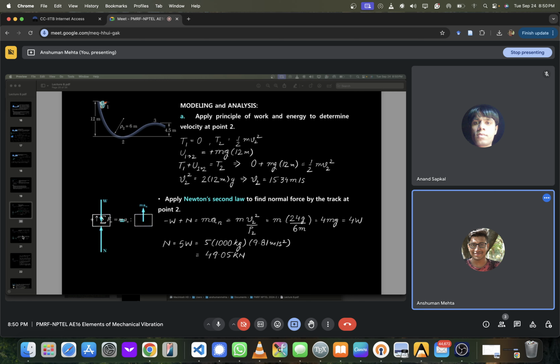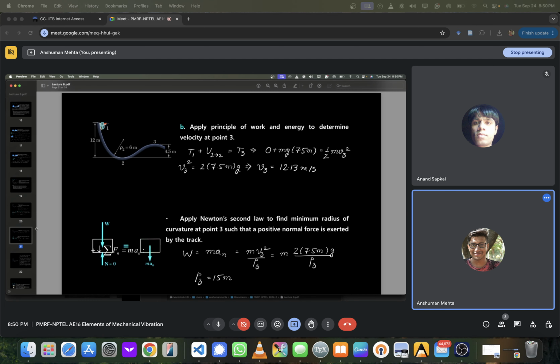Now the third point for part B. So V3 comes out to be 12.13 meter per second.